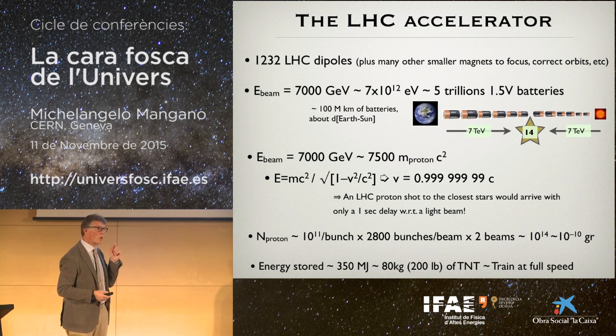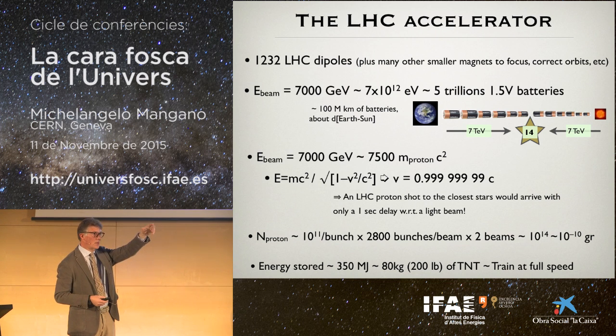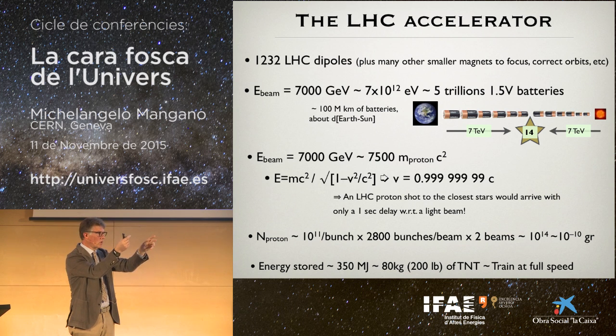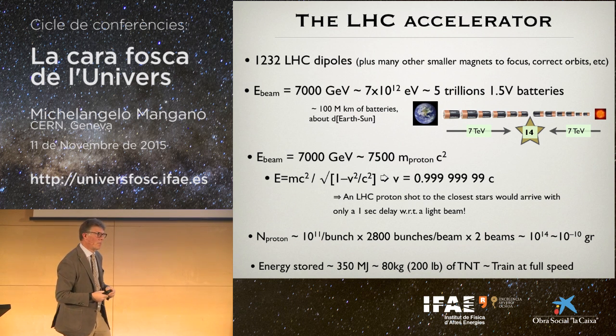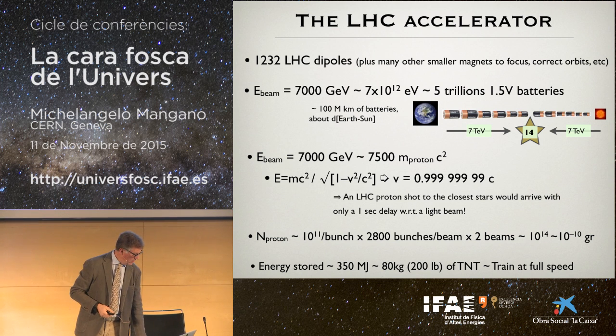That means that a proton at that speed, if we shoot it towards one of the closest stars, say Alpha Centauri, and we shoot at the same time a beam of light, the proton will get to Alpha Centauri about a second later than the light. So it's traveling so close to the speed of light that even such an interstellar travel would get the proton there almost on time. So it's really unbelievable.